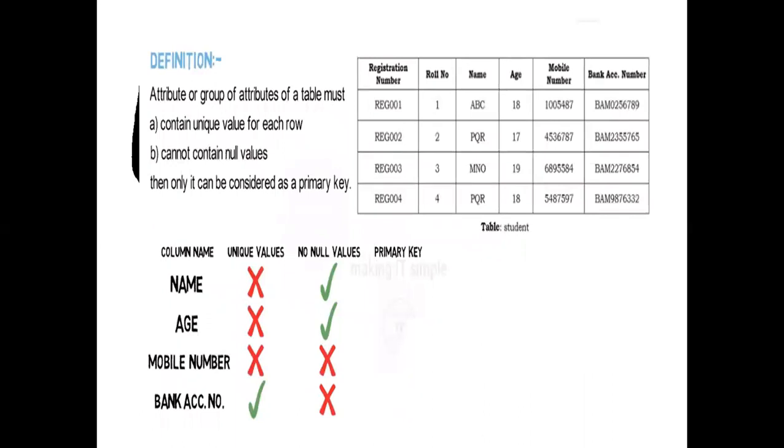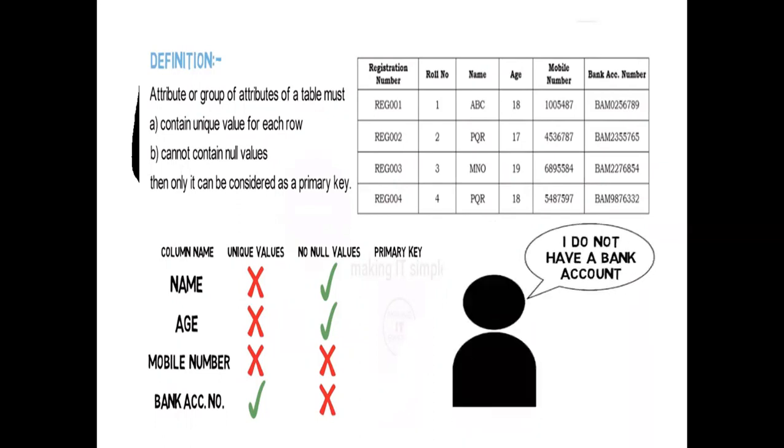Next, consider the bank account number. Obviously, we cannot expect the bank account number to be null in any of the keys. But what happens in the rare case, maybe a student does not have any account number. So in that case, we get the null value.